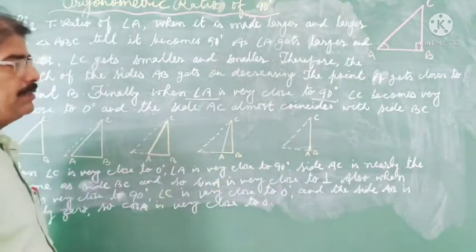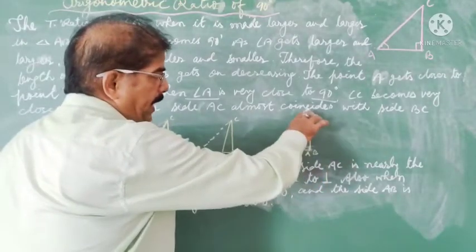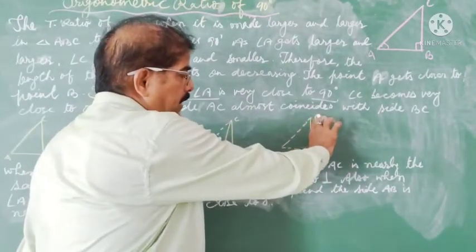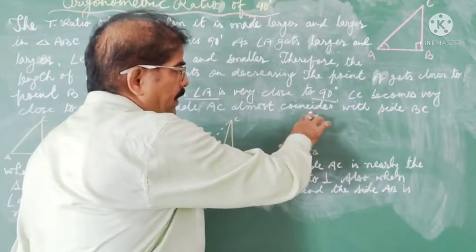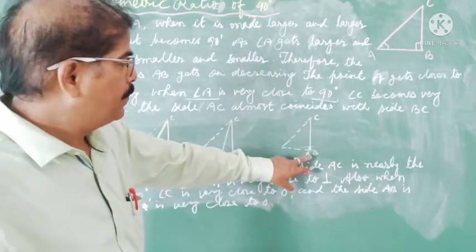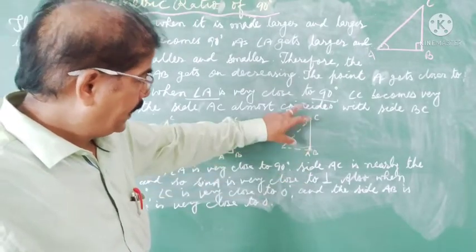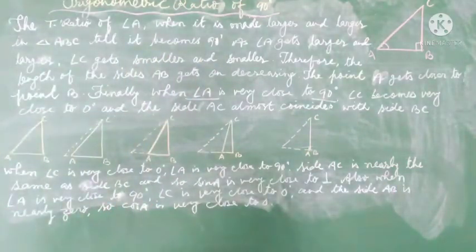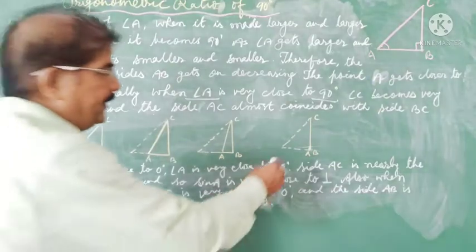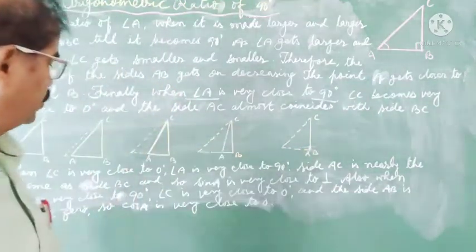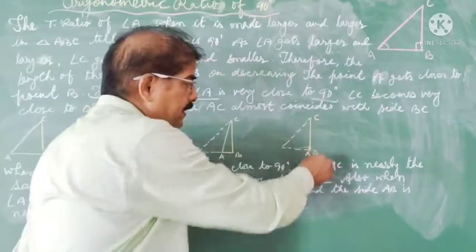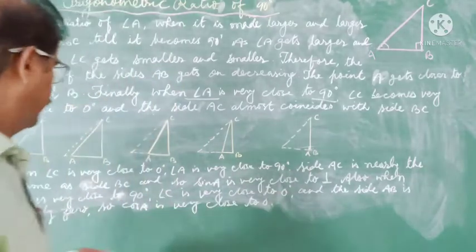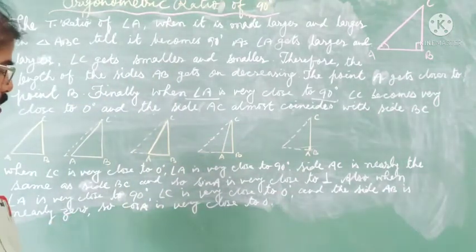And so sin A, that means P by H, BC by AC, is very close to 1. That means side P by H, BC by AC, and AC is equal to BC. So sin A is equal to BC by AC, equal to 1. Also when angle A is very close to 90 degree, angle C is very close to 0, and the side AB is nearly 0.